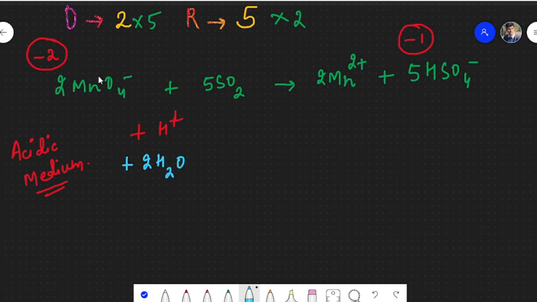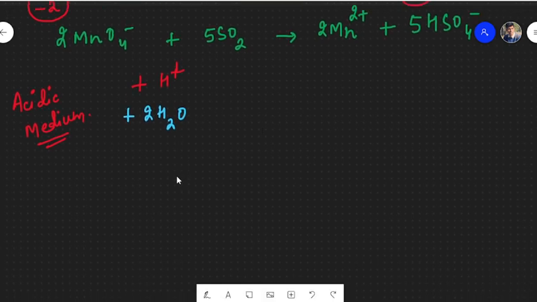Now let's calculate the number of oxygens on both sides. 2 into 4 is 8 oxygen here, 5 into 2 is 10, so 18, and 2 oxygen from the water molecules. So 20 oxygen on the reactant side, and 5 into 4 on the product side is 20. Charge is also balanced and hydrogen is balanced. So this is the balanced chemical reaction.